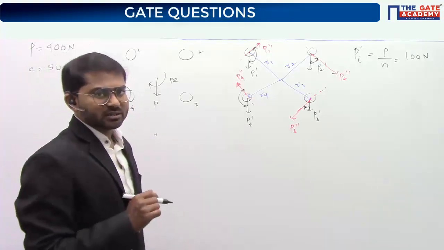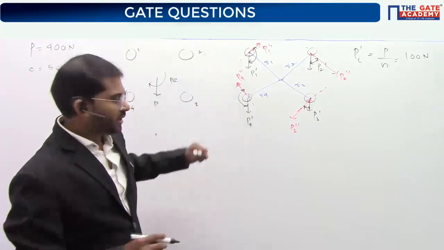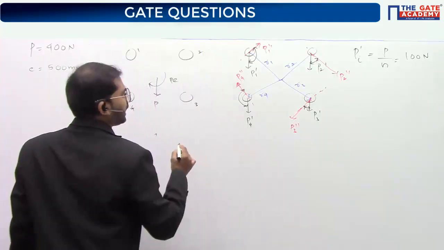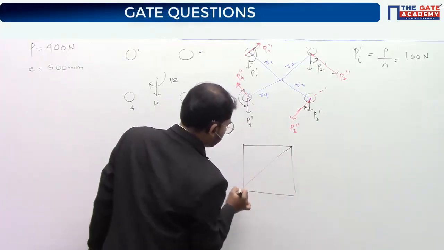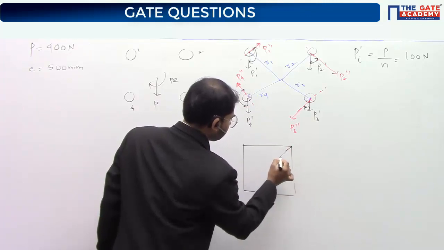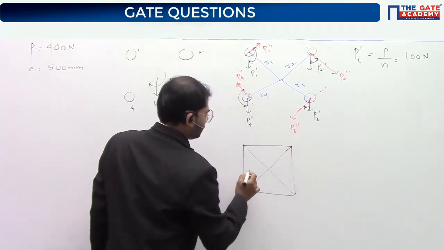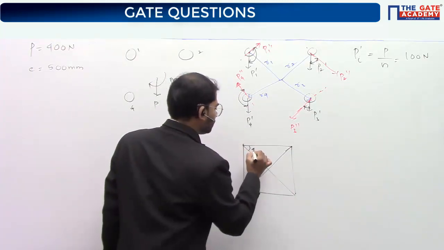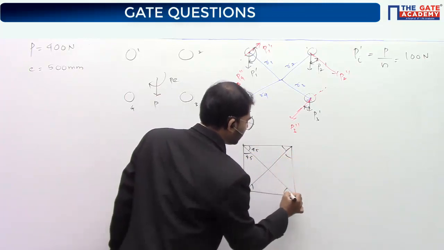Now if you measure these angles, from the geometry we can say, if you have a square like this, and this is the diagonal, you know that this is 45, this is 45, so every angle is 45 degrees.